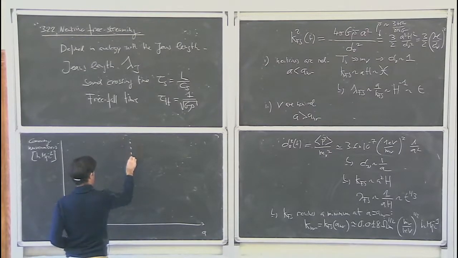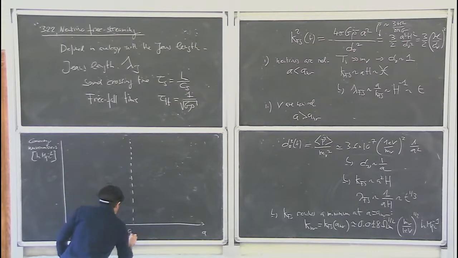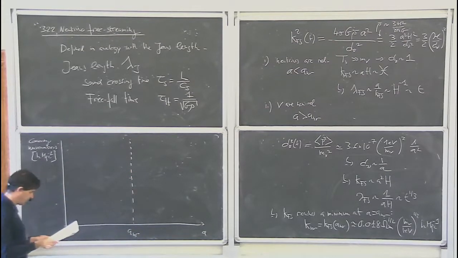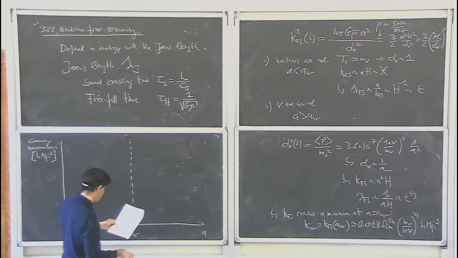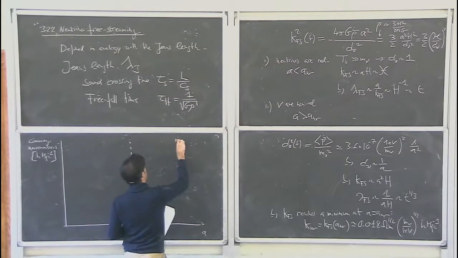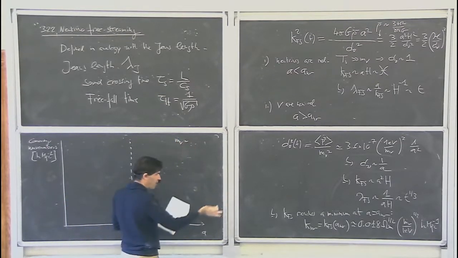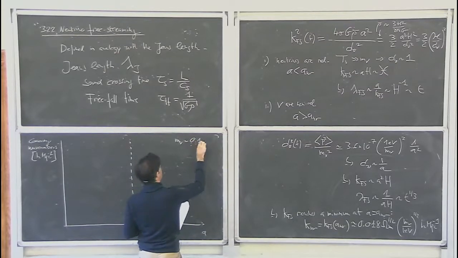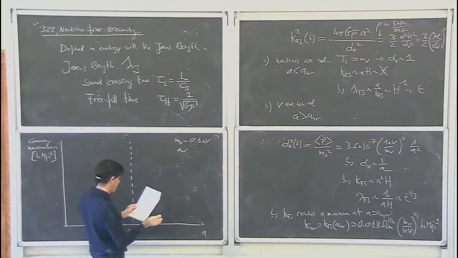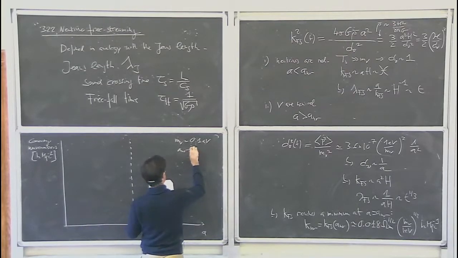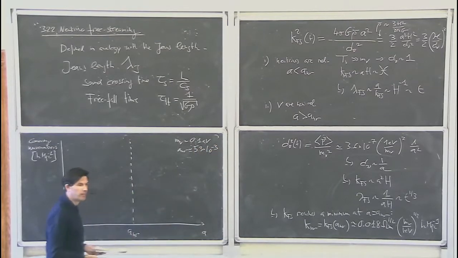In the middle I will put the scale factor at which the non-relativistic transition happens. Just to give you an idea, if you take a sum of neutrino masses of order 0.1 electron volt, then the relativistic to non-relativistic transition happens at approximately 5.3 times 10 to the minus 3, okay?